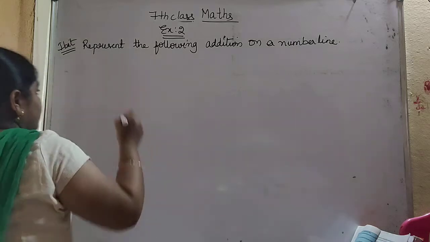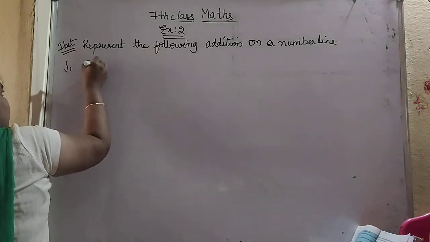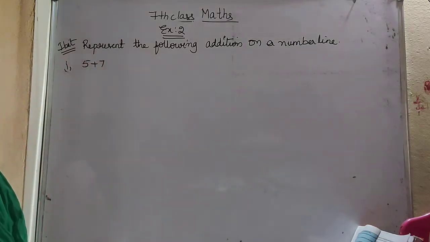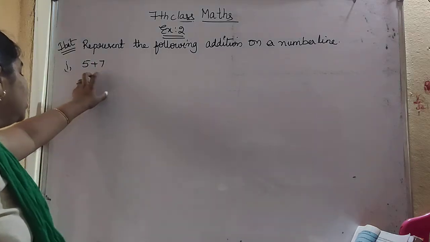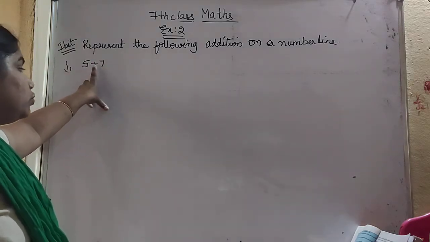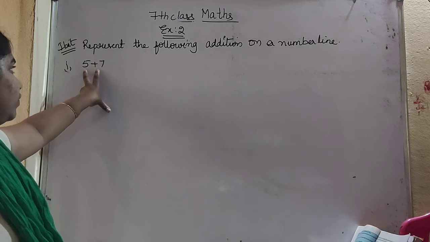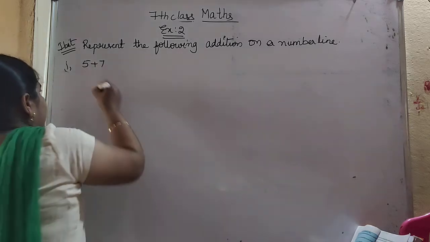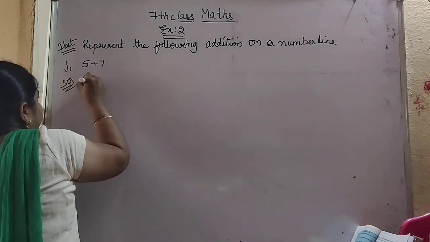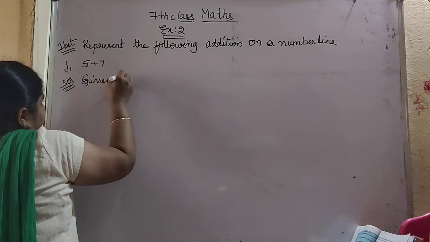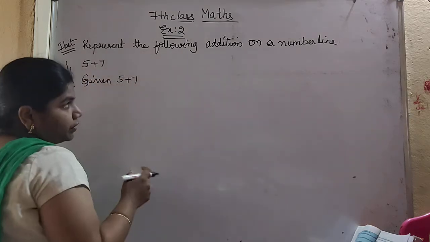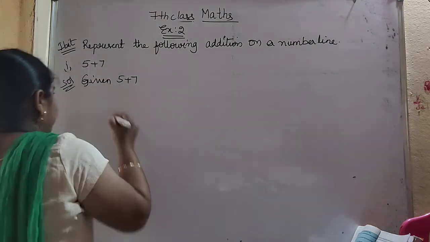Okay, so first one is 5 plus 7. So 5 is an integer, 7 is also an integer. So we are adding these two integers. This one we have to represent on a number line. So already we know that if it is a positive value, we have to move to the right side. If it is a negative value, we have to move to the left side.